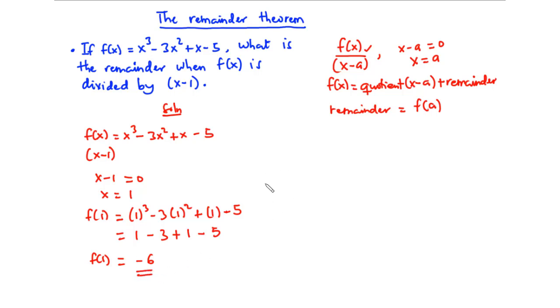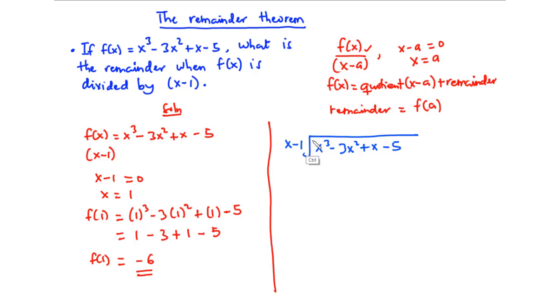So we can as well confirm our answer using the long division method. Using the long division method, we have x minus 1 on the outside, and then we have the polynomial function f of x, which is x cubed minus 3x squared plus x minus 5, inside of the division bracket. We are going to divide x cubed by x.